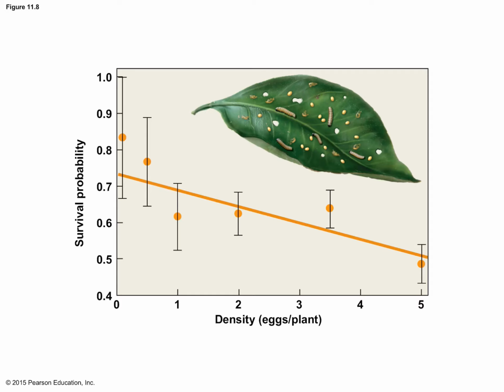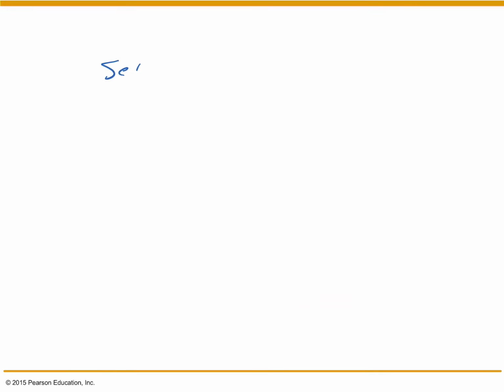So in plants in particular, and also in some sessile organisms, sessile animals, that is animals that stay put in one place their entire lives, like barnacles and mussels, there's a phenomenon known as self-thinning. And so we'll just write that down. Self-thinning. This is certainly evident in plants in a lot of cases.